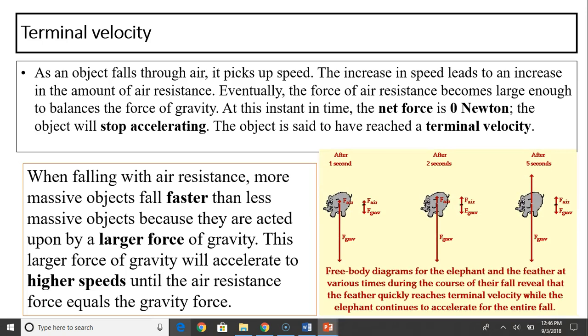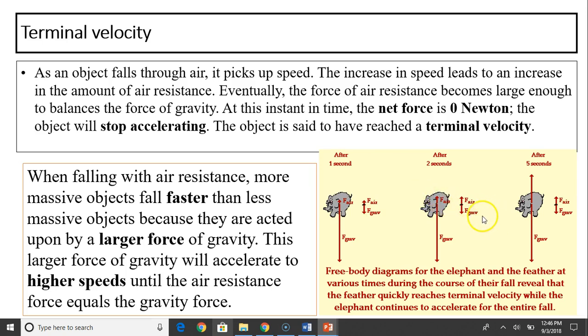Consider an elephant and a feather falling. This is after the first second. Both the feather and the elephant have experienced air resistance, but air resistance has a relatively large effect on the feather because of its small gravity.